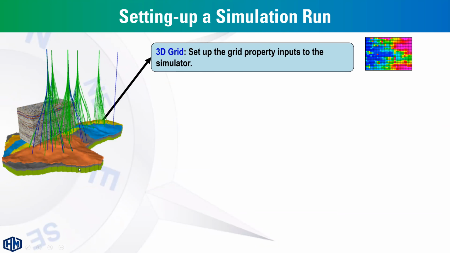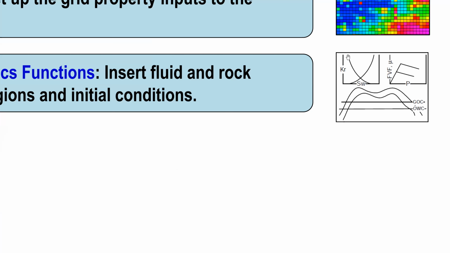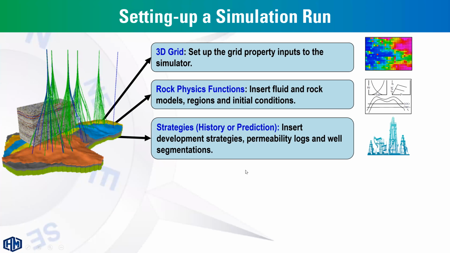So setting up a simulation run, at the beginning, you have to define a 3D grid corresponding to specific grid properties input to the simulator. Second step is the rock physics function. As you can see, simply the fluid context, the PVT data or PVT model, and rock physics functions. And next, you define the strategy, history or prediction strategy.